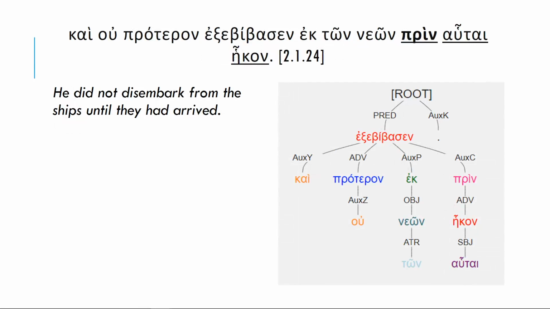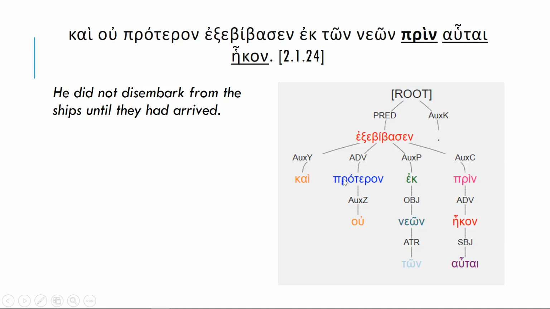Here's a little redundancy, which we see not unusually in Greek. Ekbainō: bainō is the March word, and ek is out of, so to disembark is the idea of that verb. So he did not disembark from the ships before.